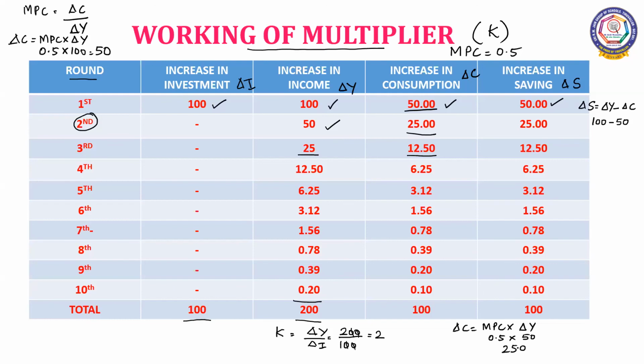You can also see here, income goes on increasing as a result of increase in consumption expenditure. Total increase in income is 200 crores and the investment is 100 crores. In a nutshell, we can understand when investment increases, income increases.